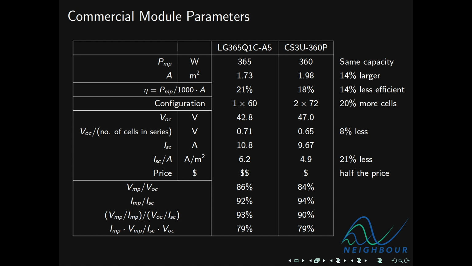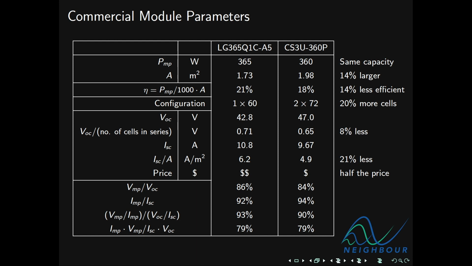The margin between the maximal current and the maximum power point current is under 10%. The third ratio is the resistance based on maximum power divided by the resistance based on the maximal values. And we can see the maximal values do yield a higher resistance, which is about 10% higher. And finally, we have the fill factor, which is your rating divided by the product of your maximal values. And as you can see, that's identical for both these modules, despite them being very different.